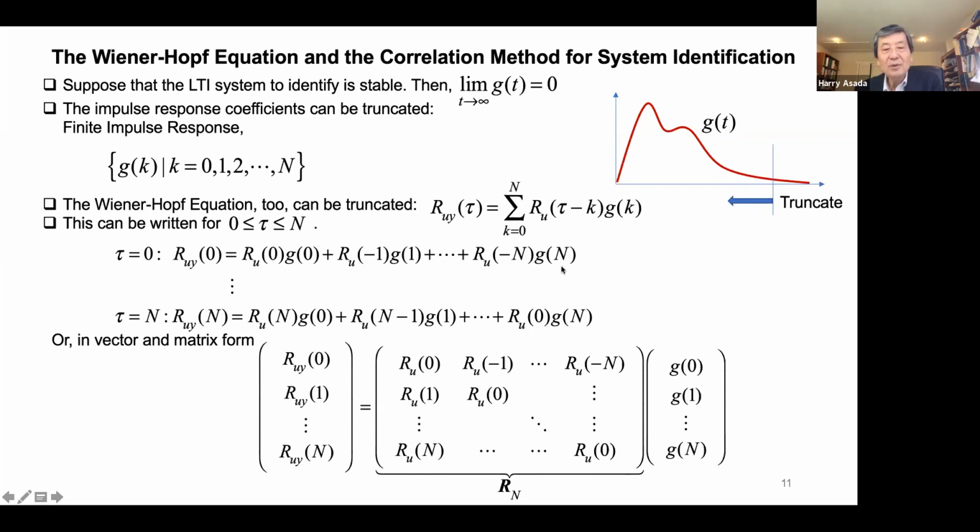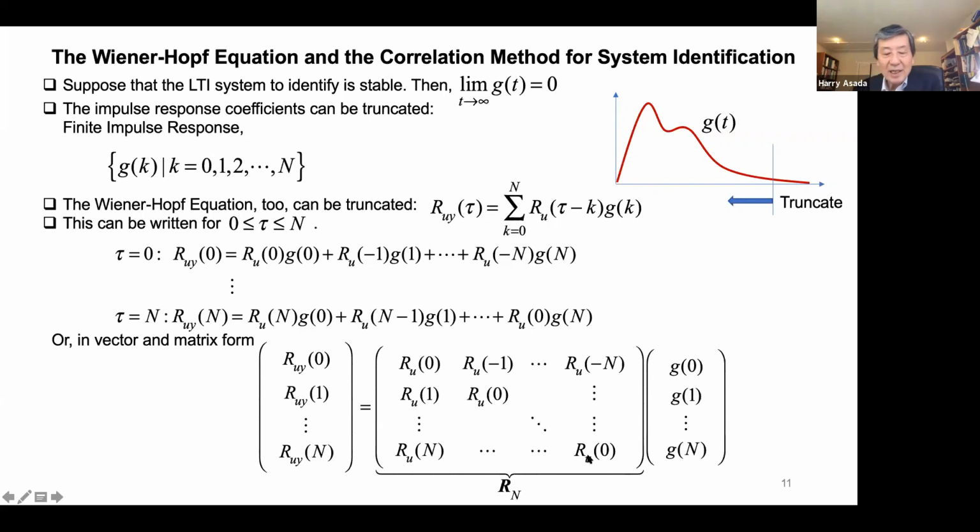This can be represented in vector matrix form. So here we are. R_uy(0) is this row times this column, which gives this. The second one is R_u(1) times G_0 and R_u(0) times G_1, and so on, shifted this way.